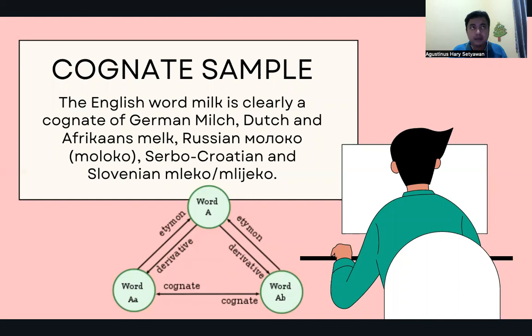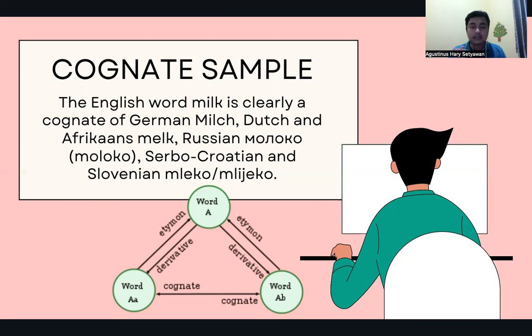Because they have research awareness to discover the relation among languages in that place, in Europe. Here is related with the Indo-European language. Milk in German, the cognate is Milch.